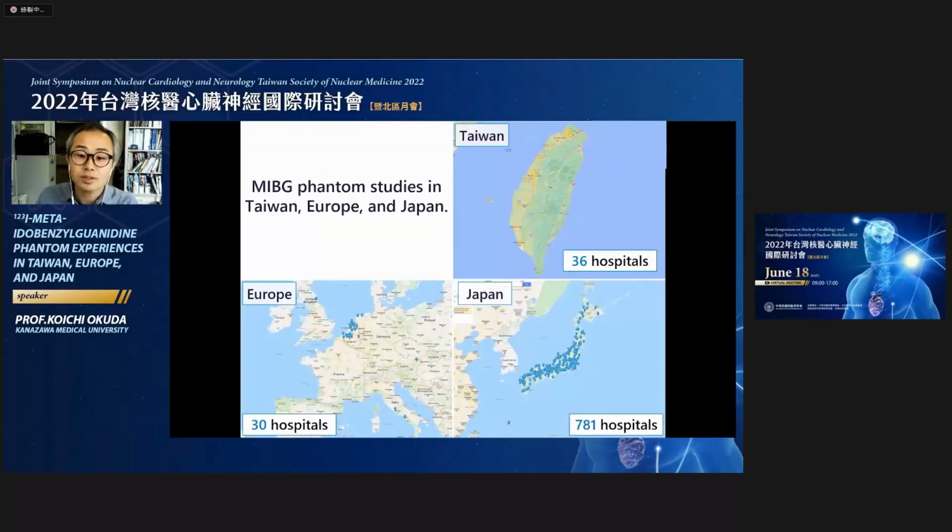So, let's move on to the next topic regarding multi-center MIBG phantom studies in Taiwan, Europe, and Japan. 36 hospitals, 30 hospitals, and 781 hospitals have participated in the Taiwanese, European, and Japanese studies, respectively.